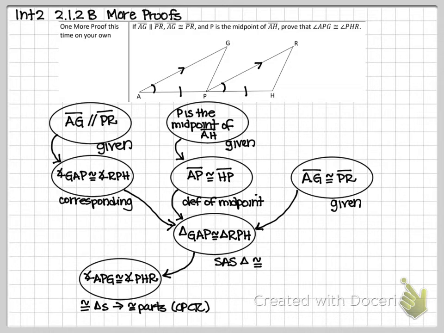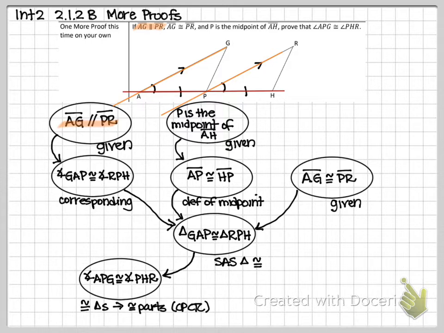I did have to get a little creative with my space. So I used the fact that AG is parallel to PR here. And then once I put the parallel markers in there, and I imagined actually extending those lines, I saw that angle A and angle P would actually be corresponding if I slid one over to the other.